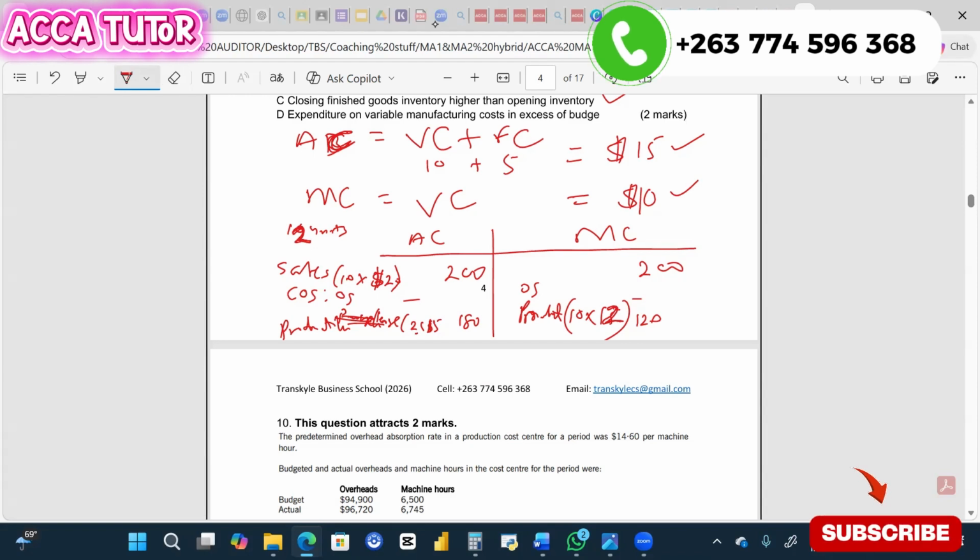We first said 200. Oh, wait. Where did you get the 180? I think we first multiplied the units to get 200, and then we subtracted whatever those are, closing stock.